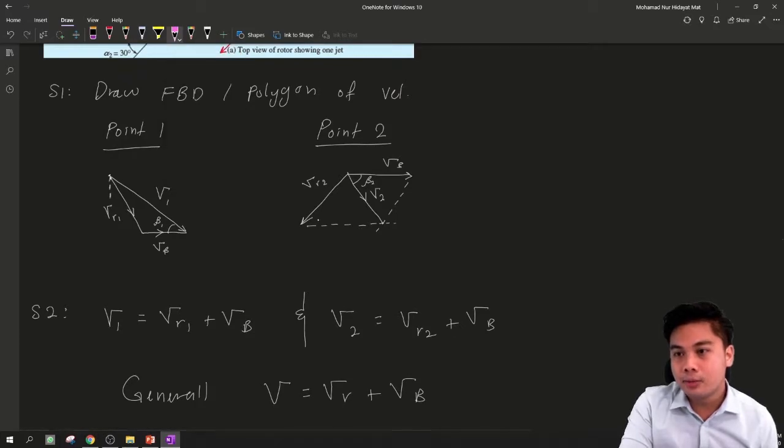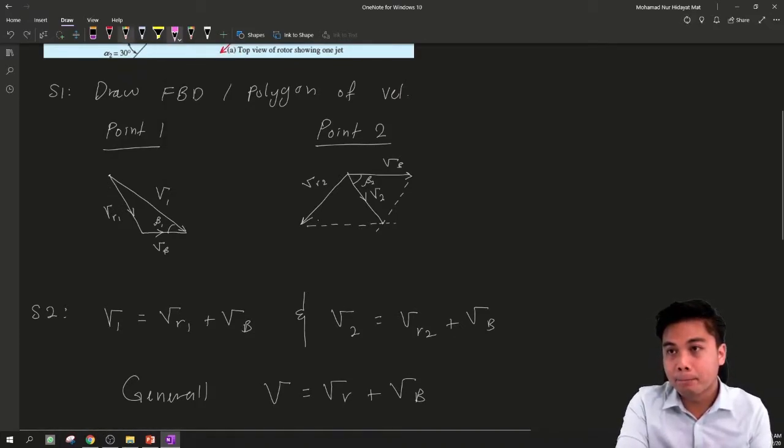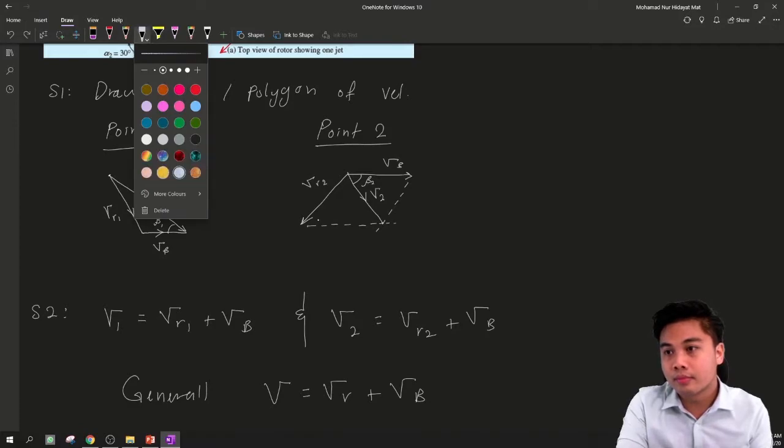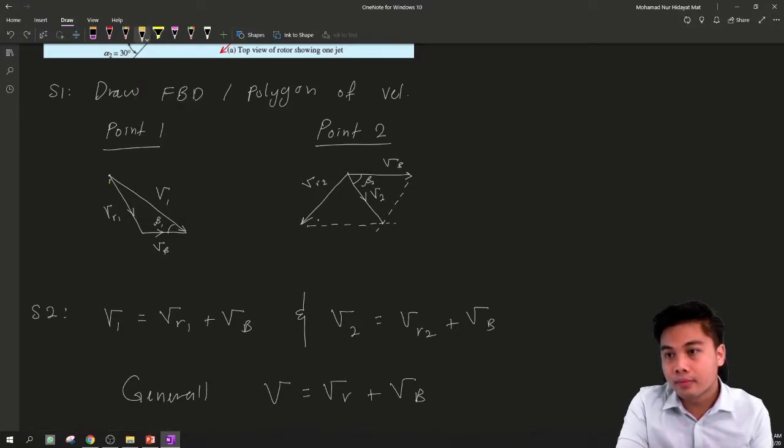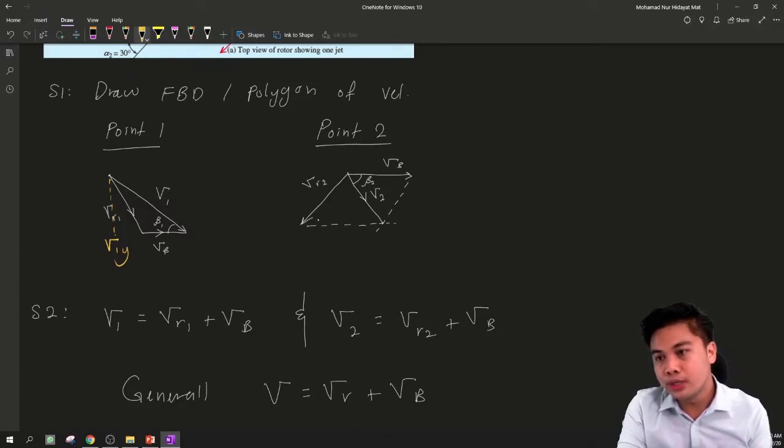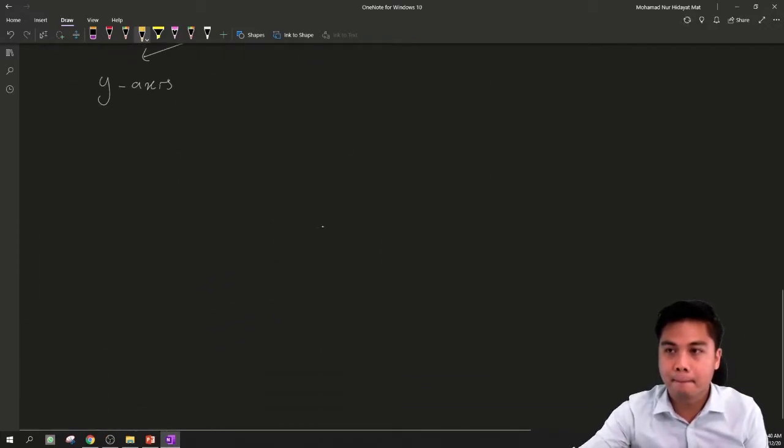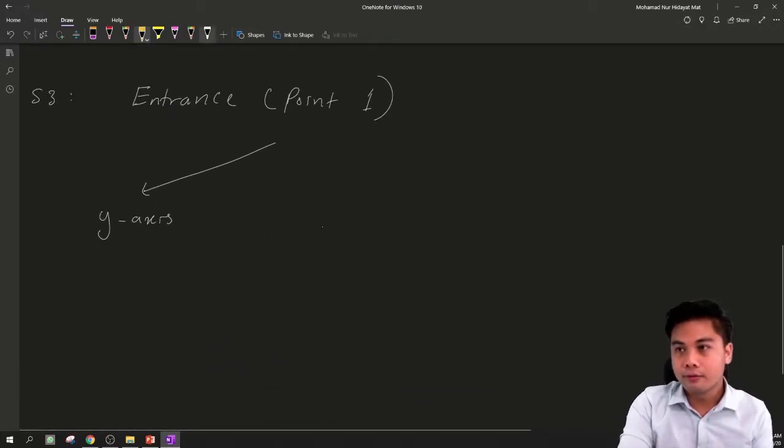In order to get V1Y, let's say this is V1Y. V1Y is actually equal to VR1Y. We use the Y component first.